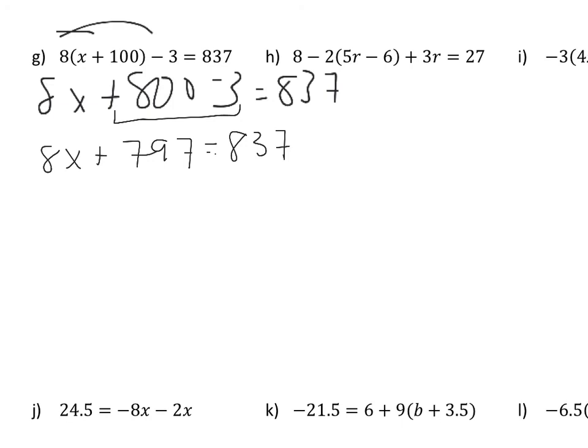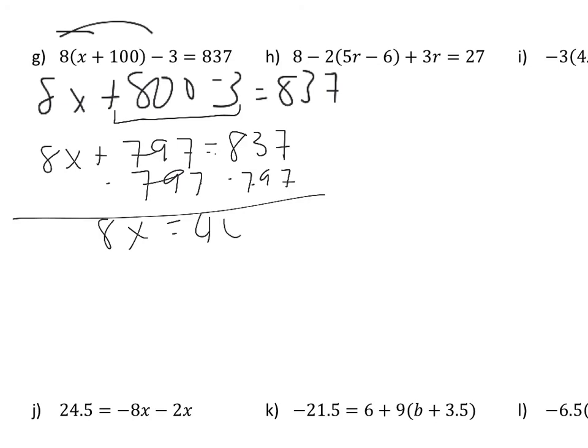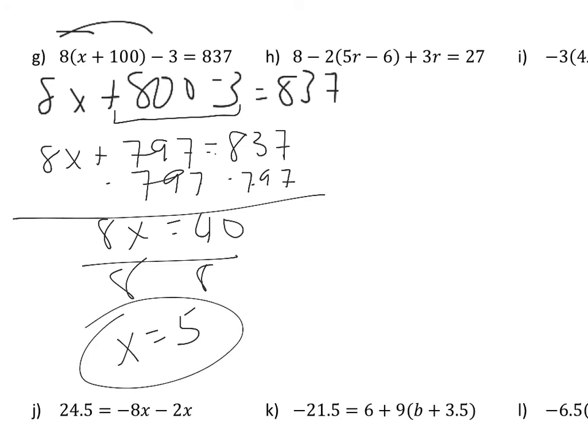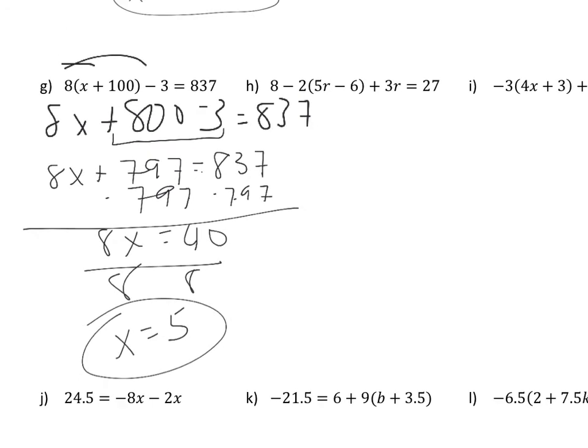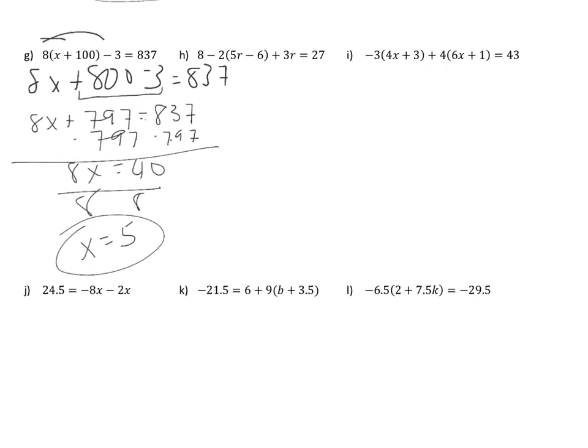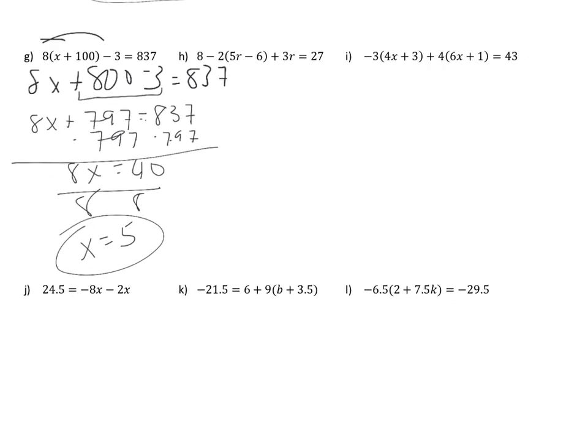I'm left with two operations now, so I'm going to subtract 797 from both sides, and I get 8x equals 40. Divide both sides by 8, I'm left with x equals 5. Since I've solved for x, again, I'm finished. Don't let the number of numbers and variables distract you. Just take one step at a time.